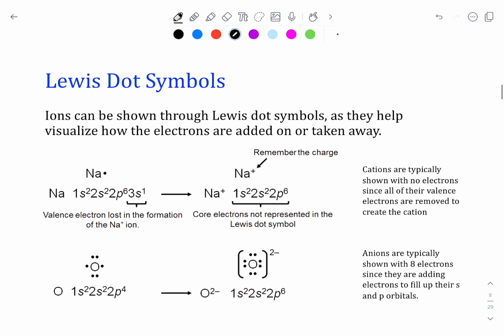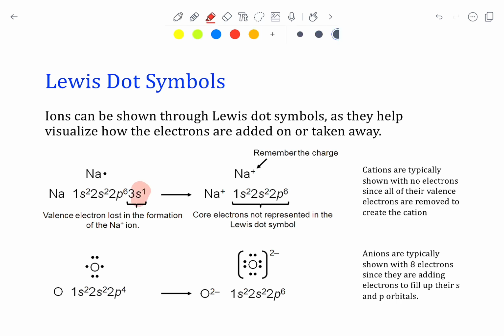Okay, so we can utilize our Lewis dot symbols to show our ions. Ions can be shown through Lewis dot symbols as they help visualize how the electrons are either added or taken away. In our example earlier, we had sodium, which has 1 dot because it's in group 1 and has 1 valence electron. That 1 valence electron is in the 3s orbital.